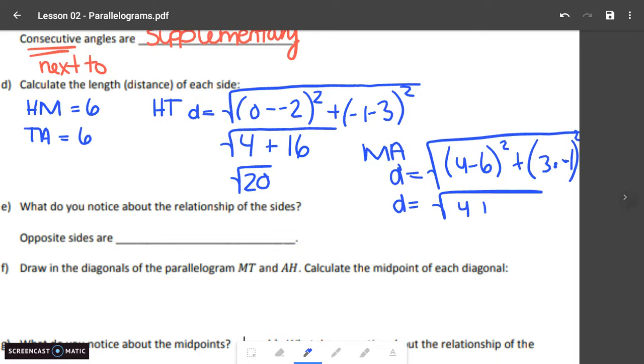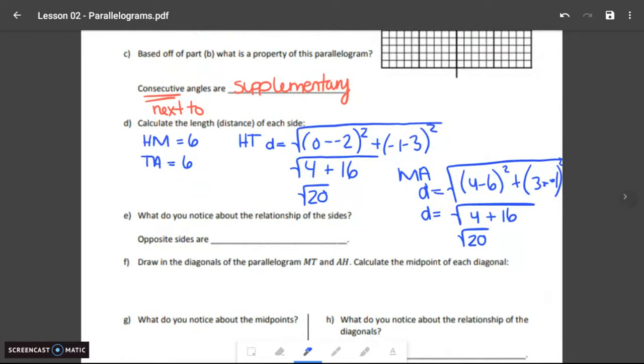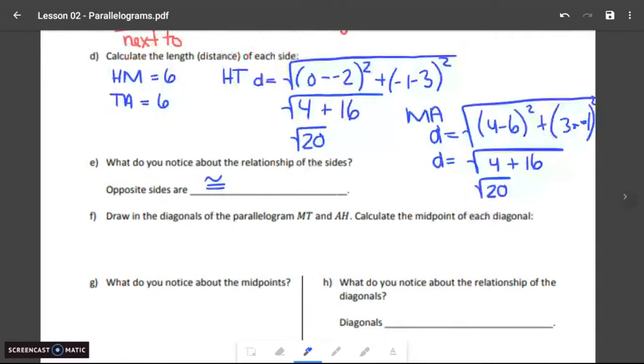Two squared is 4, plus a double negative here is going to make it +4, 16 again, and we'll end up with the square root of 20, just like we did before. So if you notice, since the lengths are the same for both pairs of opposite sides, that means opposite sides are congruent. So length shows us congruency.